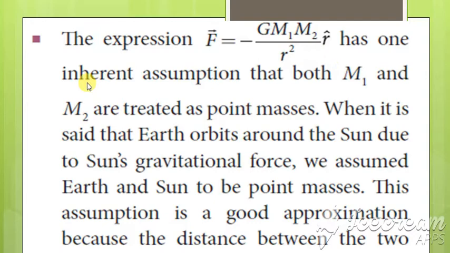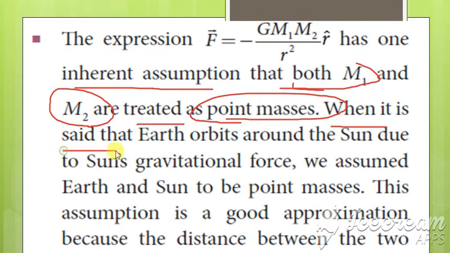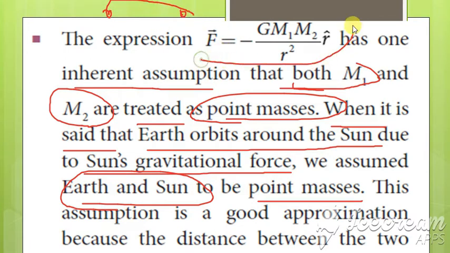The expression F is equal to minus G M1 M2 by R square into r cap has one inherent assumption: that both the masses M1 and M2 are treated as point masses. When it is said that the earth orbits around the sun due to the sun's gravitational force, we assume the earth and the sun to be point masses. So we take the earth as a point mass and the sun as a point mass, and then we derive this force.